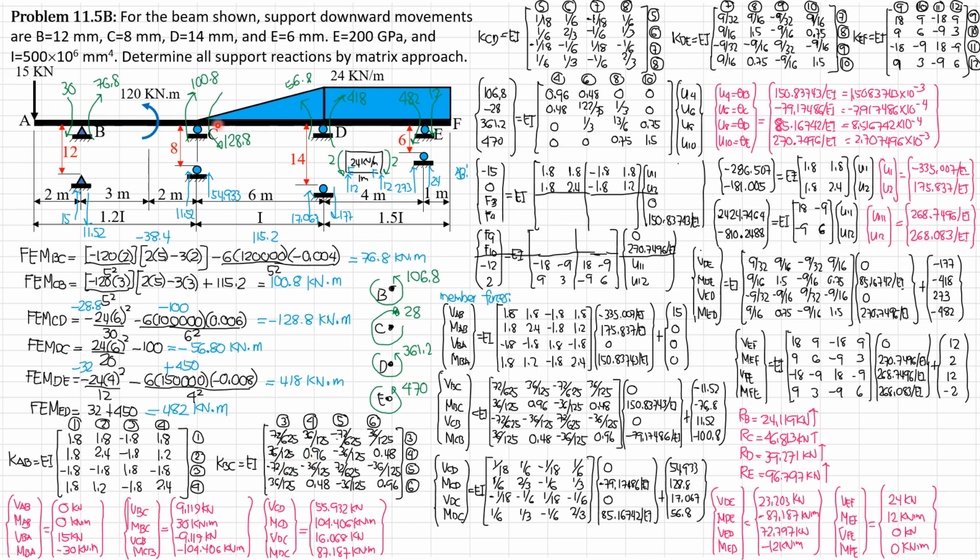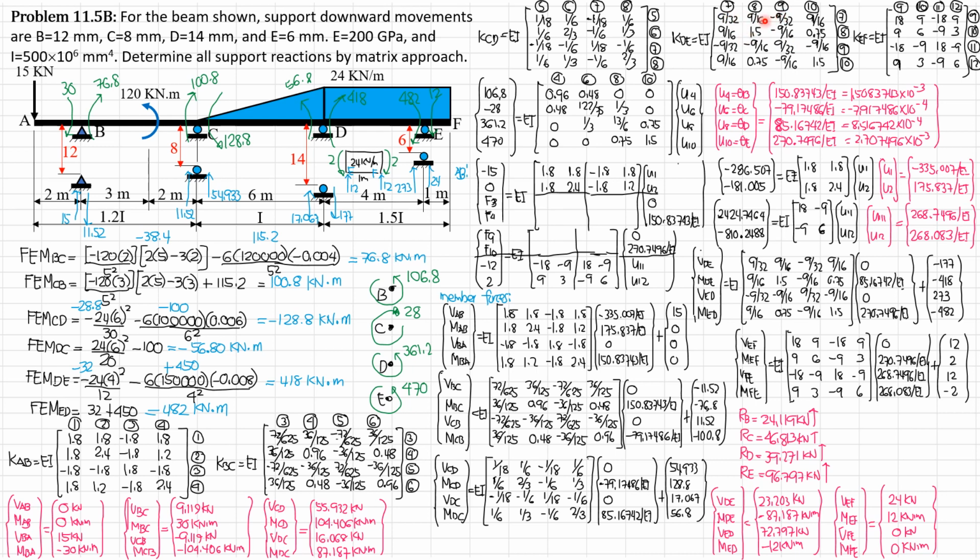For BC, it's the same, 12 times 1.2, we factor out EI, all over 5 cubed, so this would be the values 3, 4, 5, 6 for BC. For CD, 12 times 1, because I is 1, EI is 1, over 6 cubed, so this would be the values. For DE, 12 times 1.5, all over 4 cubed, so this would be the value for this cell.